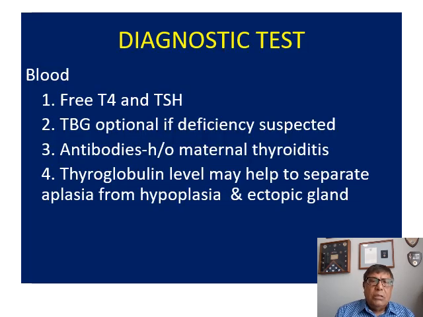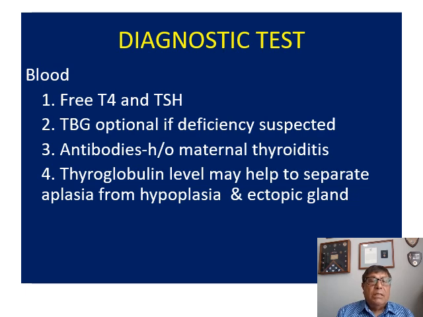Once the screening test has come back suggestive of congenital hypothyroidism, usually in this country we do the T4, and if the T4 is low, they do the TSH. However, that must not be taken as the diagnosis. It has to be verified, and for the verification we do a blood test that includes free T4 and TSH level.